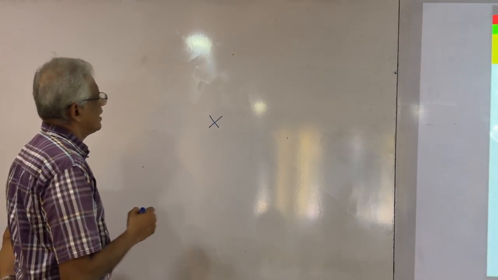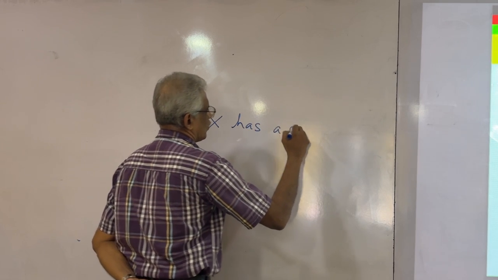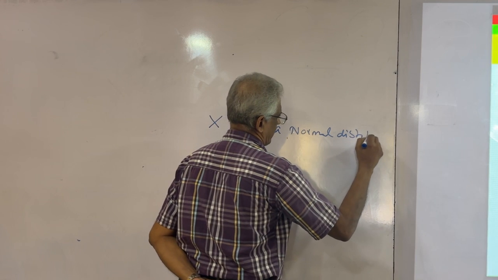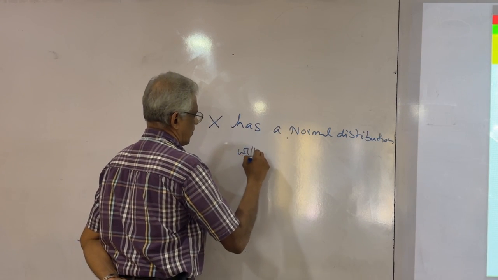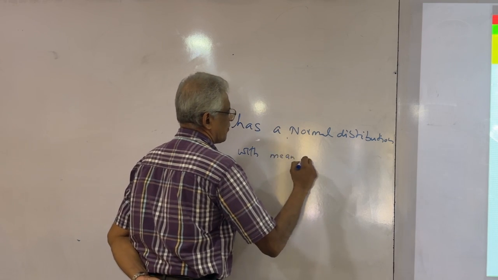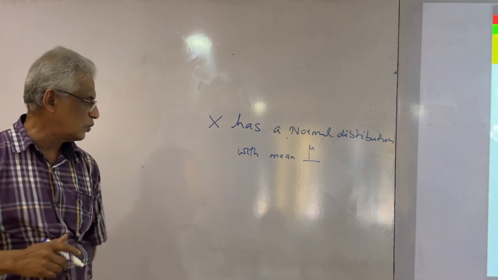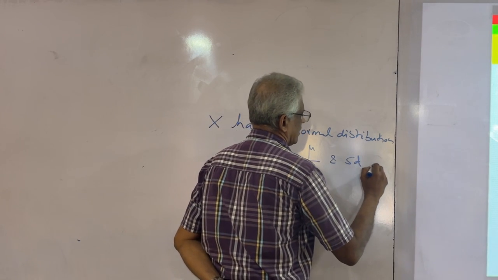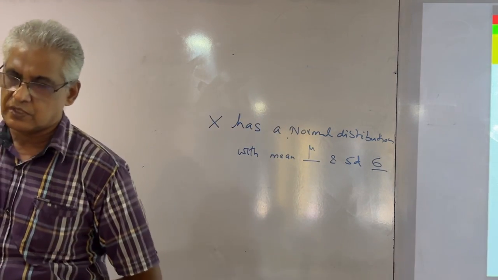So this is how we say x has a normal distribution with some mean, let me denote it by the Greek letter mu, and SD some value sigma. So they are two numbers.